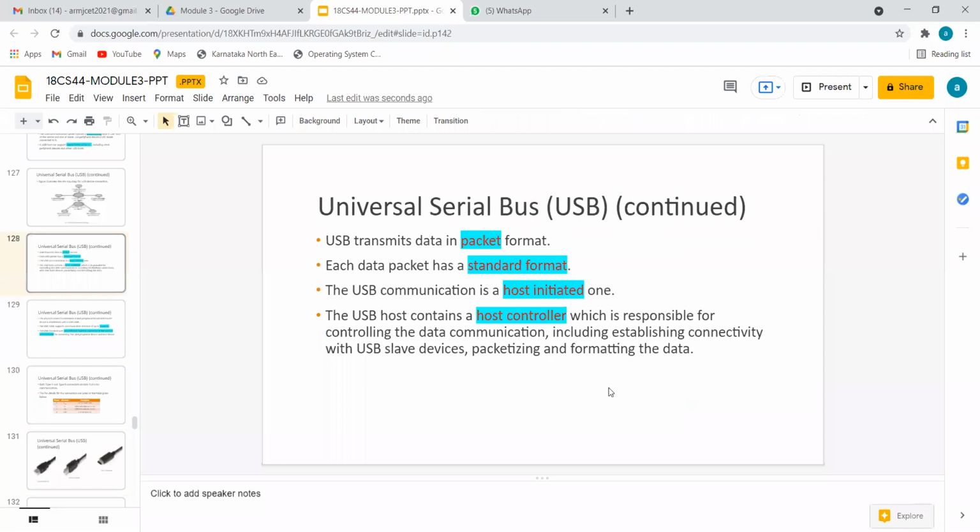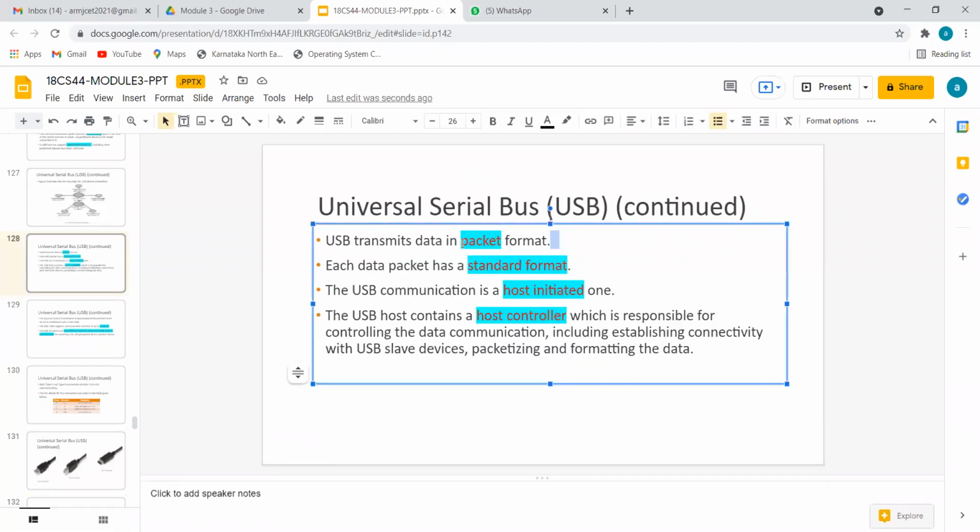Coming back to our technical explanation, USB data transmission is in packet format. It is not a continuous data transmission, it's a packet, and that packet is of a standard format. I think you know the difference between datagram, data packet, and continuous data transmission, connection oriented and connectionless transmission, from your DC.